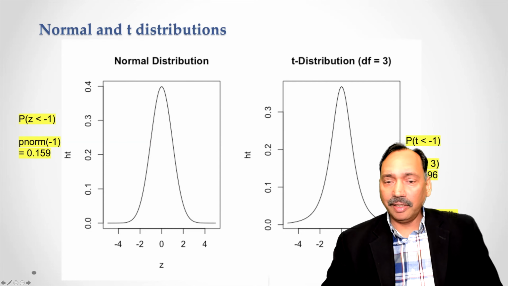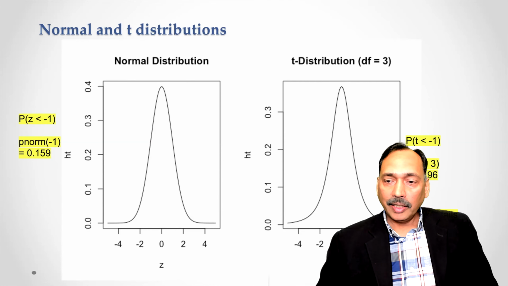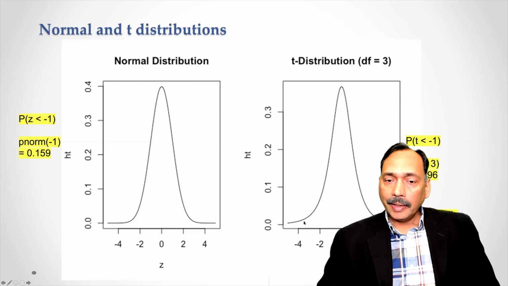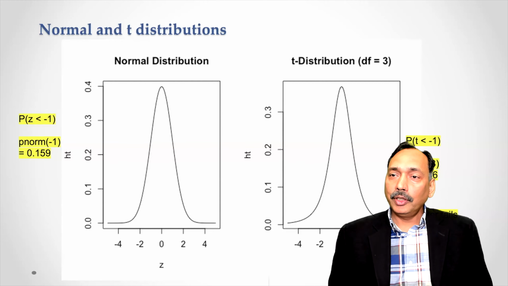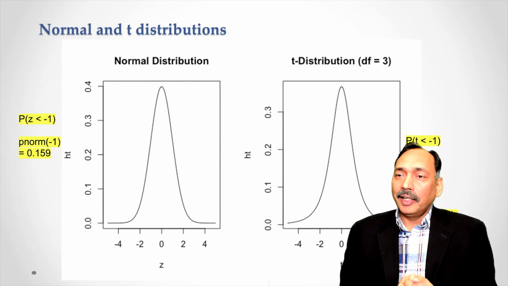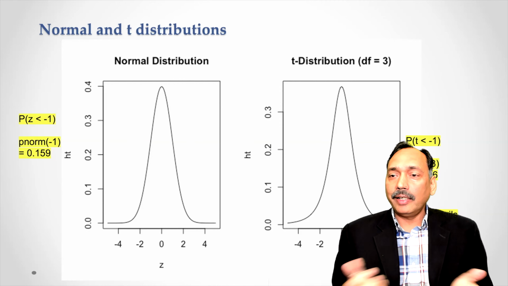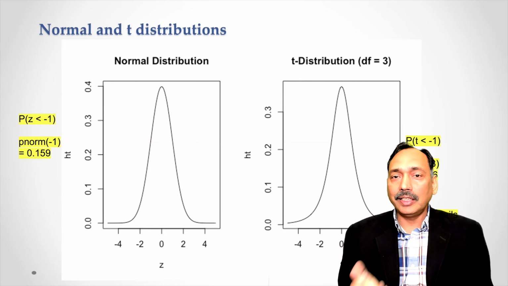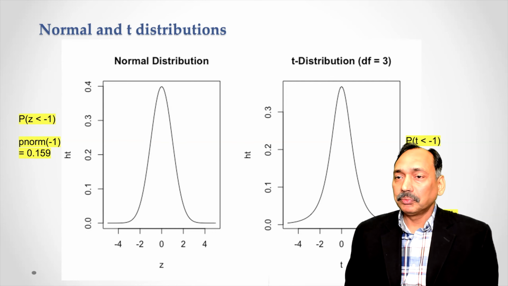That's a big increase for the area to the left of -1. The reason is that in the t-distribution tails are thicker. And tails in the t-distribution start becoming thinner and thinner if your degrees of freedom or sample size increases, to the extent that if your sample size is 100, your t-distribution will start resembling a normal distribution.